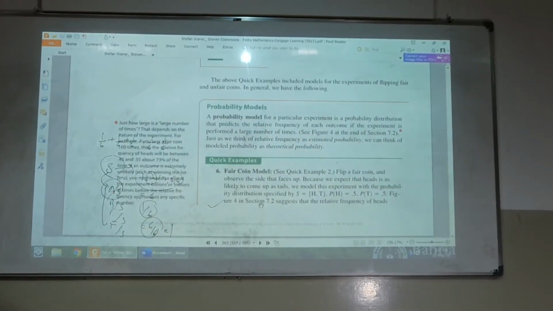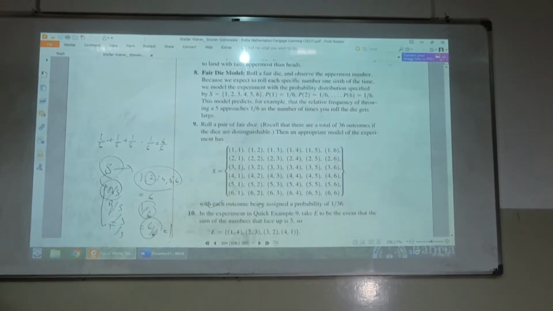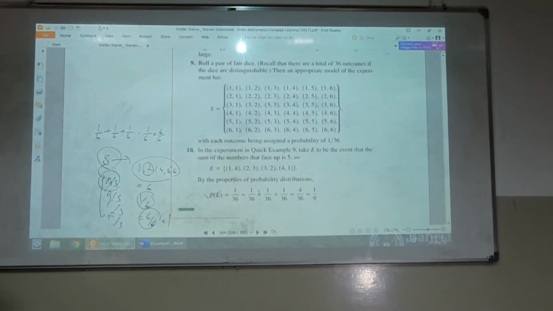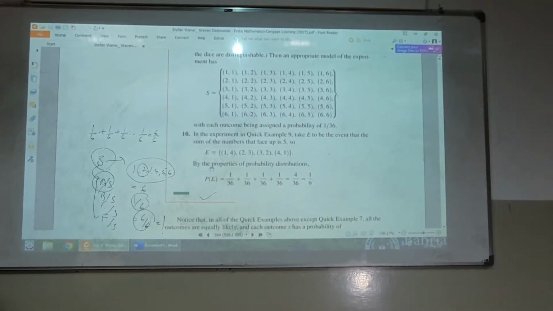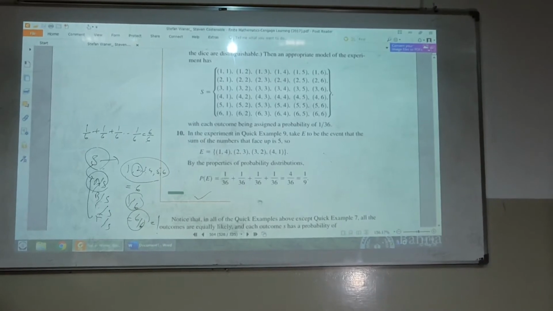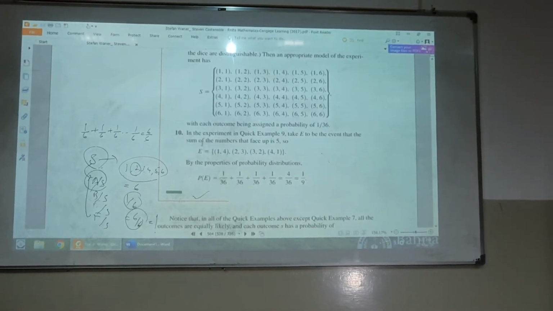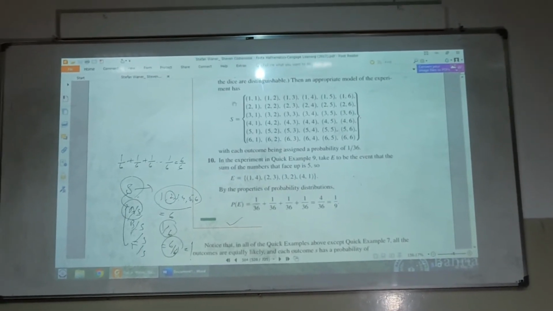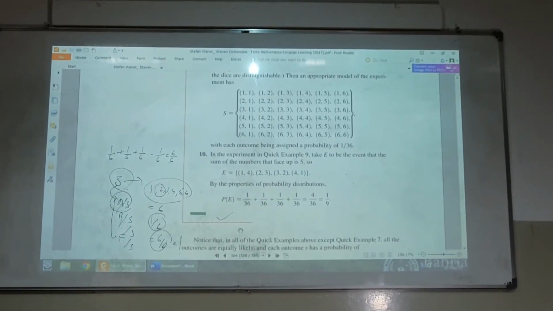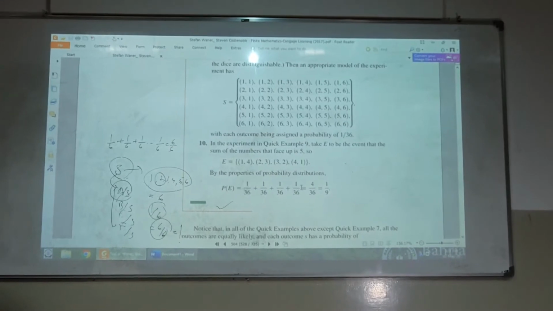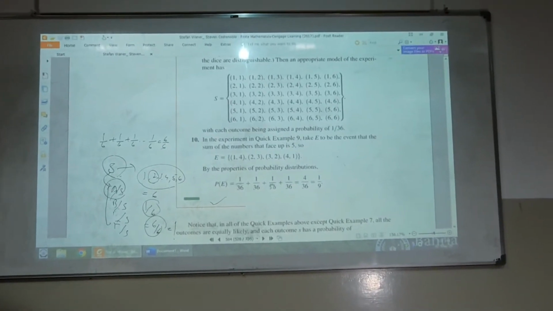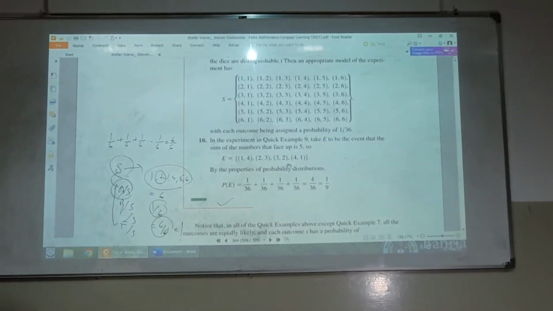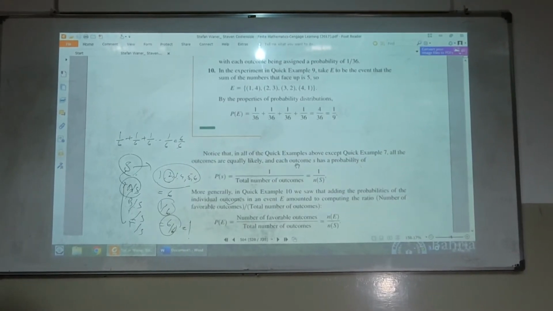Okay, so you can look at these examples with head and tail. I think I have drawn that in the first lecture. I've already done that for you. So each possibility would be 1 by 36. If you want a solid event where each possibility would be out of 36, it could be 1 by 36 in this case. So you can just have 1 by 9, just add them up, total probability.